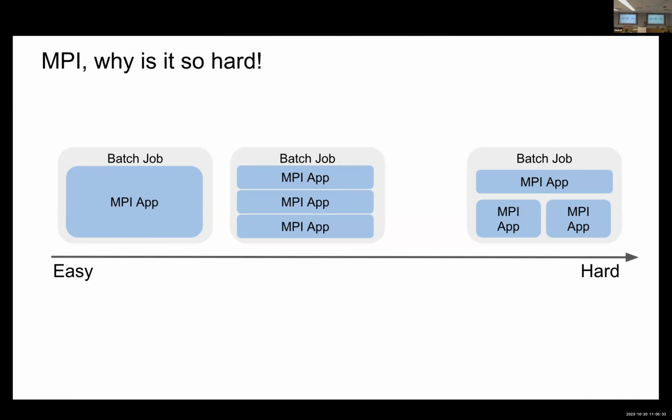Now, you need to keep track of how many nodes are available in the batch job. What is running? How many resources are left over? Can I accommodate the shape of the specific application in that available set of resources? So there's a little bit of box packing going on.